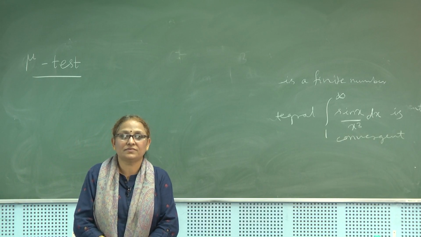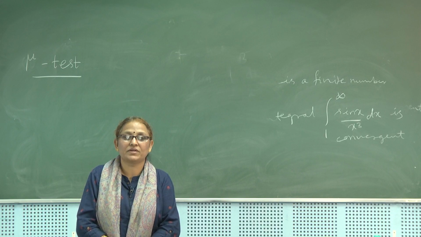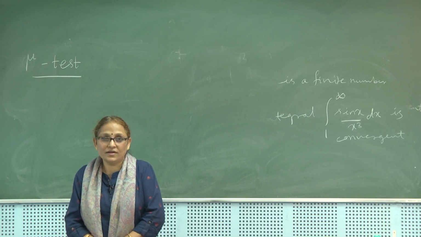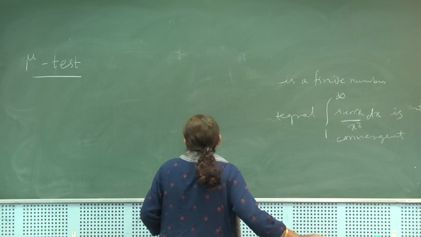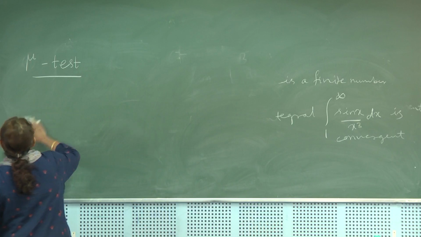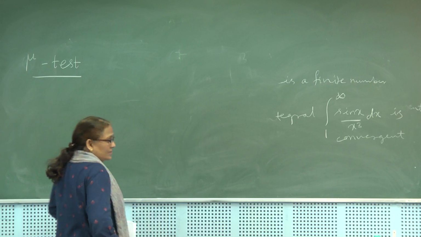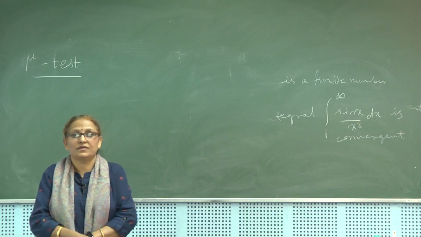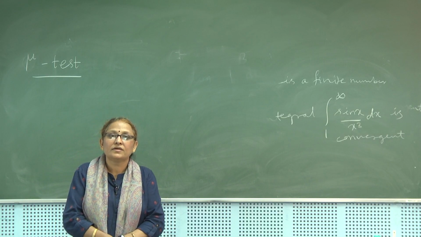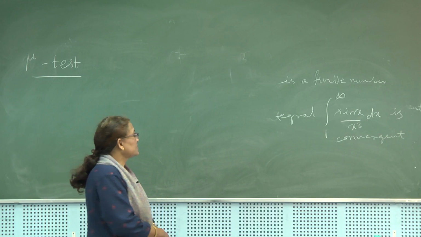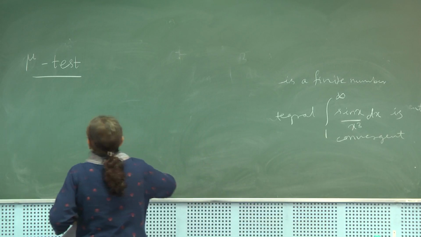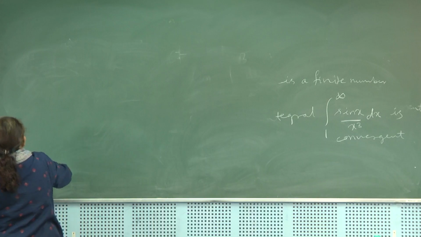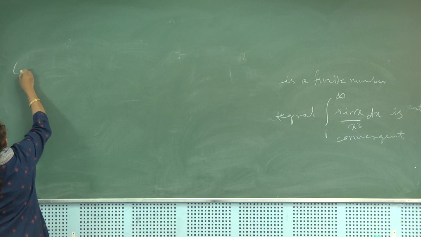So, what would have been the similar kind of comparison test for type 2 improper integrals? Well, let me give a little hint that it goes in a similar way. Let me write down the comparison test for type 2.